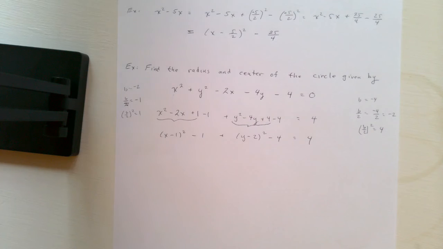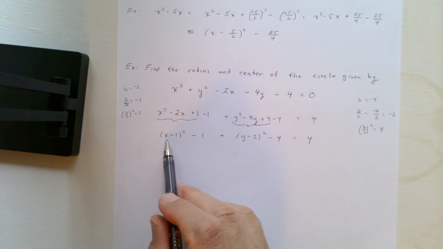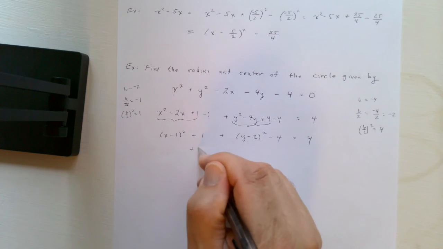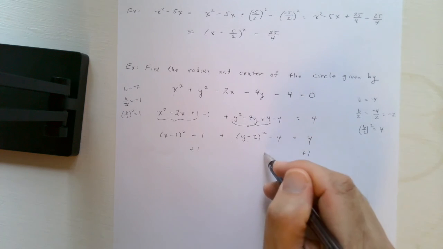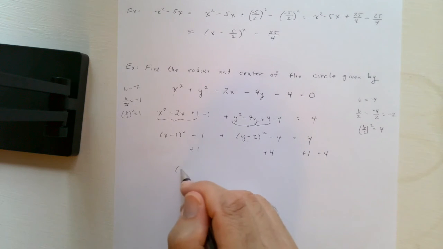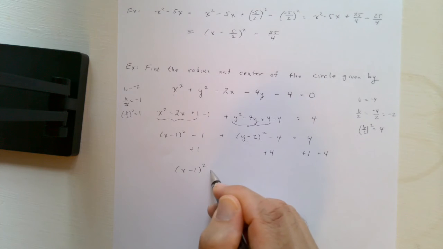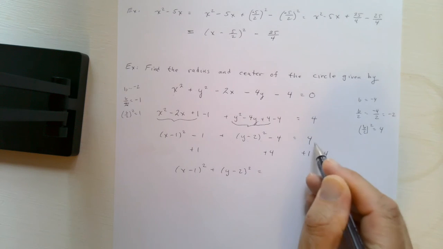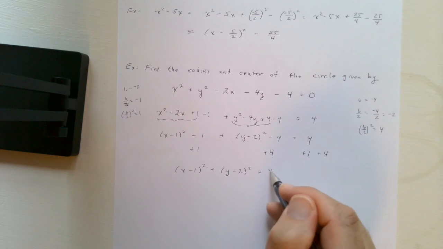Okay. And now we can see what we have. We have x minus something squared plus y minus something squared plus some constants. We can add 1 to both sides. We can add 4 to both sides. And so we get x minus 1 squared plus y minus 2 squared equals 4 plus 4 plus 1. That's 9.